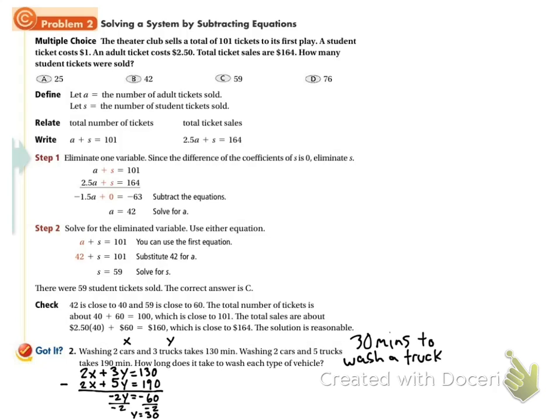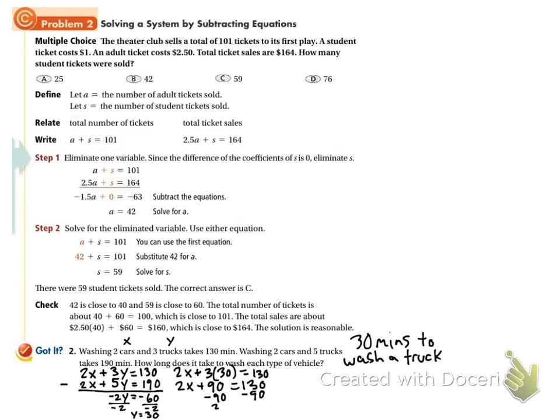Okay, now that I've got my y, I'm going to plug back in so I can figure out x. I'm going to plug it into, how about that first equation? So 2x plus 3 times 30 equals 130. So 2x plus 90 equals 130. I'll subtract 90 from both sides.